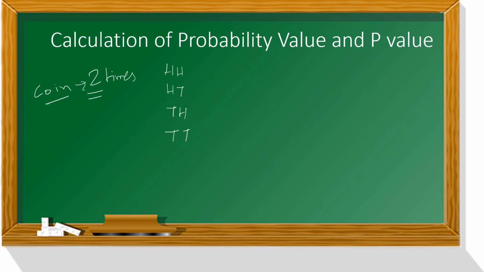Now what is the probability of getting two heads? The event count is 1, and the total number of events is 4. So the probability of getting two heads is 0.25.